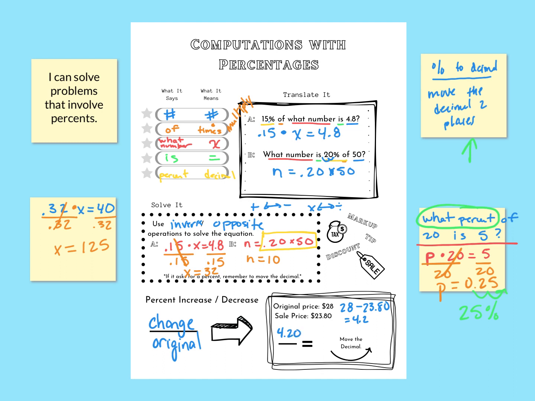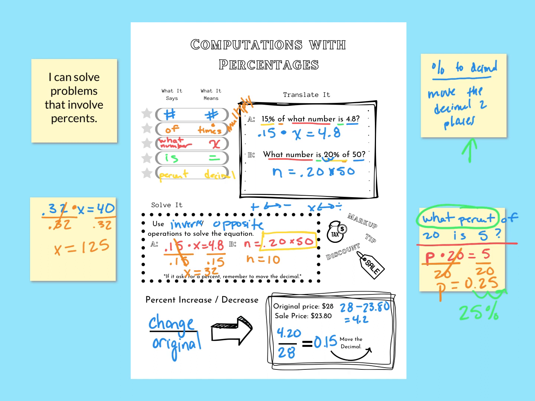And then we put the original on the bottom. The original price was $28. So the original price goes on the bottom. And then we're just going to divide that. So 4.20 divided by 28, and we get 0.15.